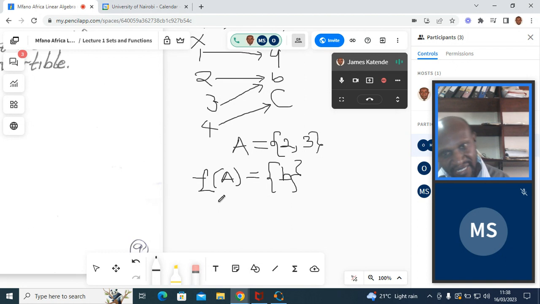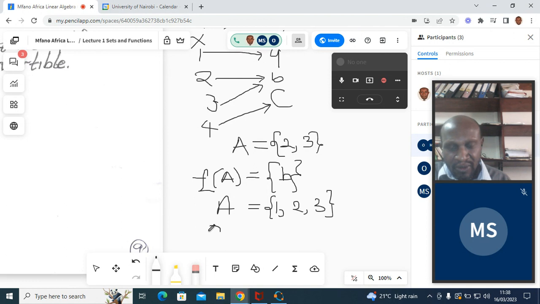If you take, say, A to be 1, 2, and 3, then you can find the image of the whole set A as follows.